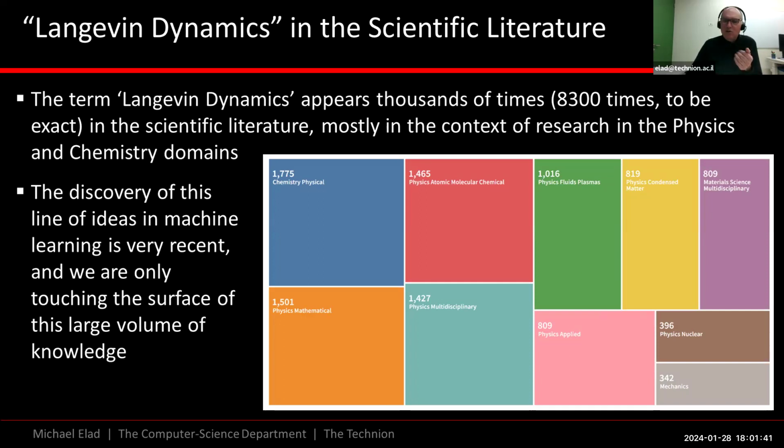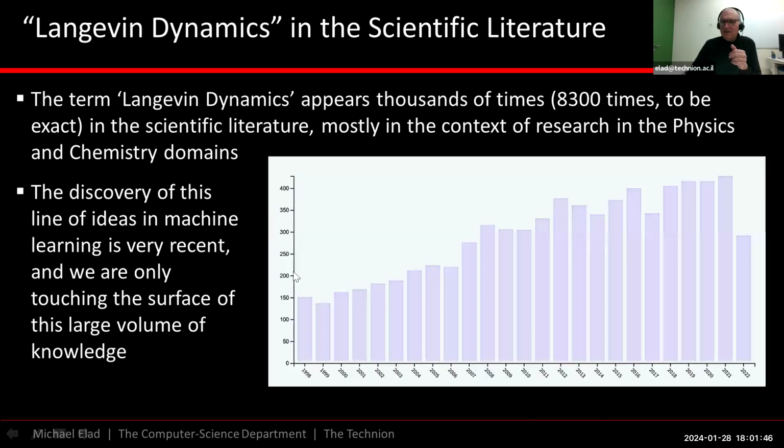So clearly there is a lot to learn and to leverage from what they have already discovered. This is the number of papers published over the years on Langevin dynamics. As you can see, hundreds of papers every year. And we, the community of signal processing, image processing, and machine learning, are contributing a small negligible amount of papers in this picture. Okay, so there is a lot to learn here.